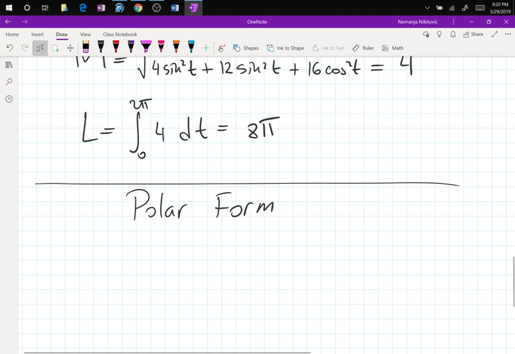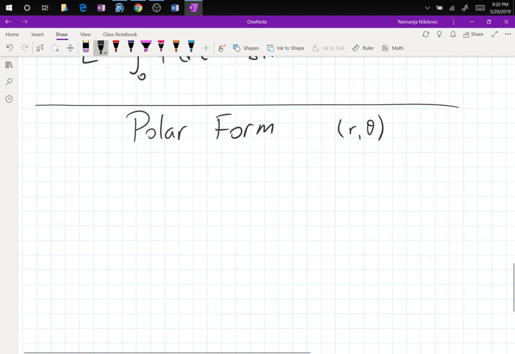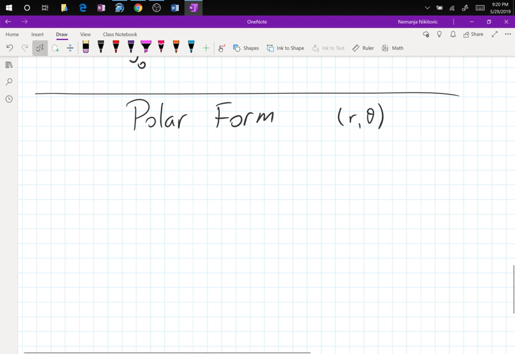And now we are going back to polar form. If you remember polar, it was r theta.